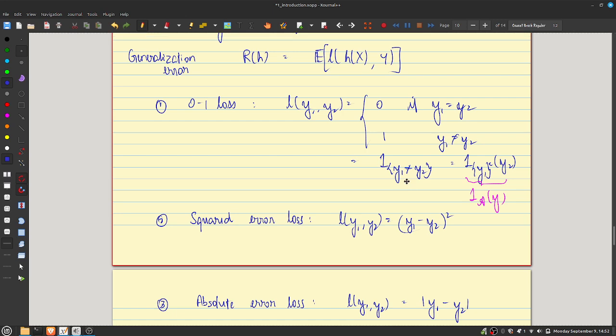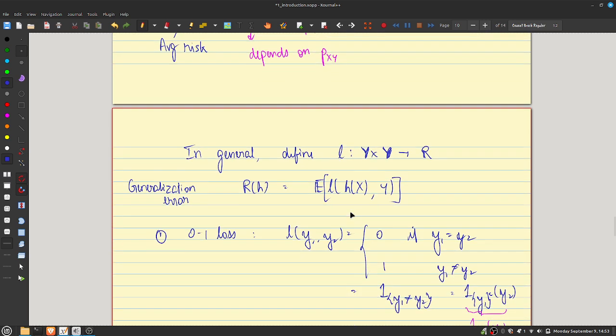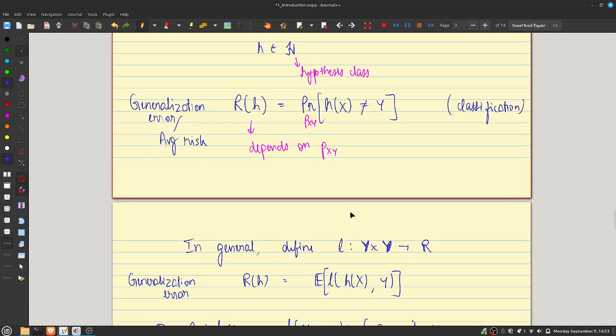Okay, so the way we define this loss function is that ideally we want the loss function to be smooth. So it's some measure such that larger L means bad and smaller L means good. Any questions so far?